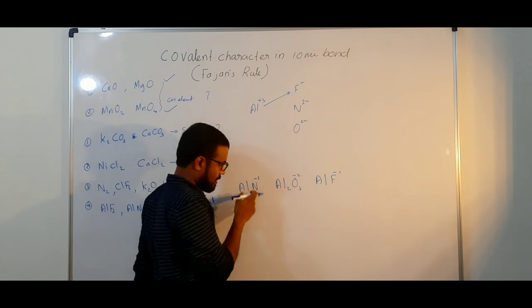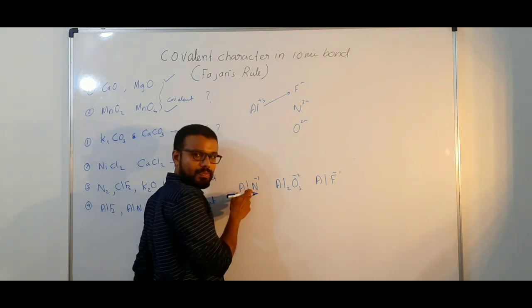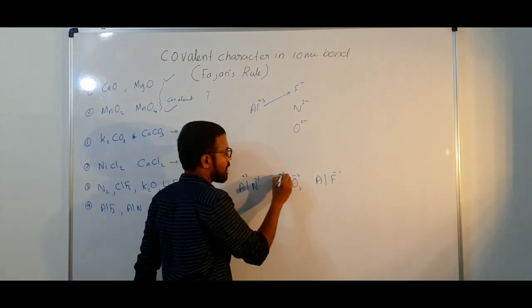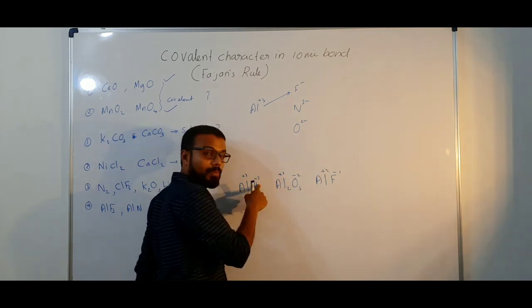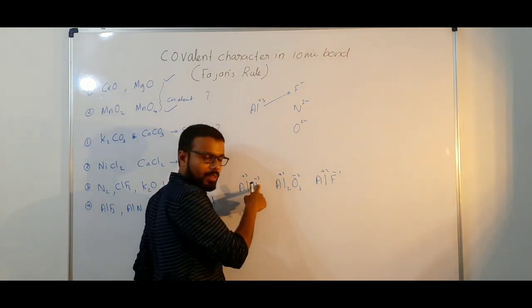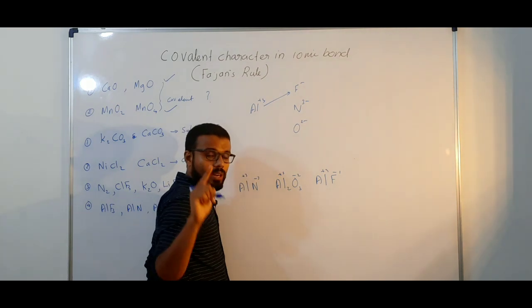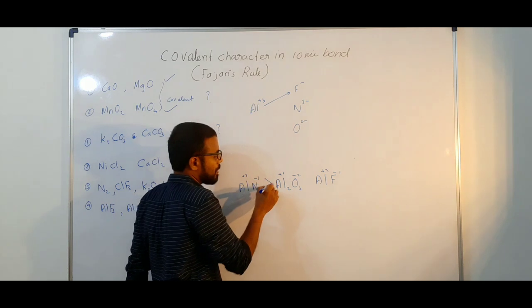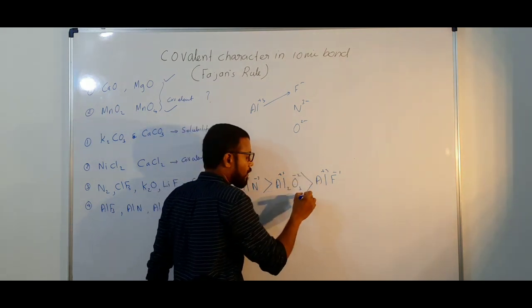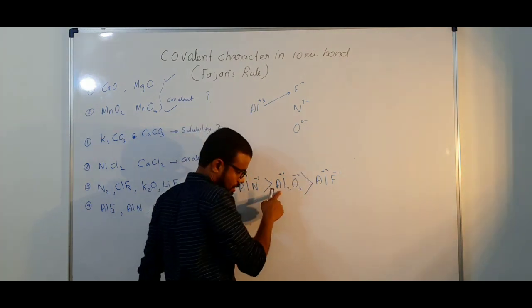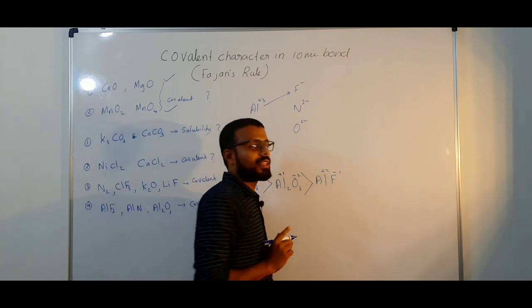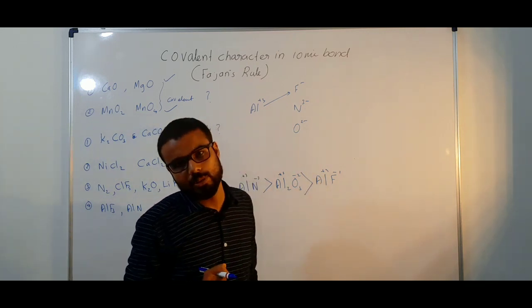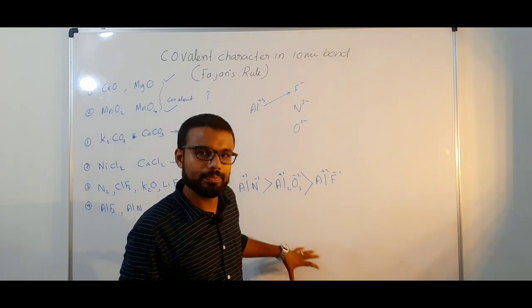Which is bigger in size? This one is bigger in size. Cation all are what? Same. Then anion bigger in size is what? Nitrogen. Okay. So, higher the size of anion, higher will be the polarizability, higher will be the covalent character. So, which one will be more covalent? Aluminum nitride is more covalent than aluminum oxide, which is more covalent than aluminum fluoride. Aluminum fluoride. Clear? It's okay.